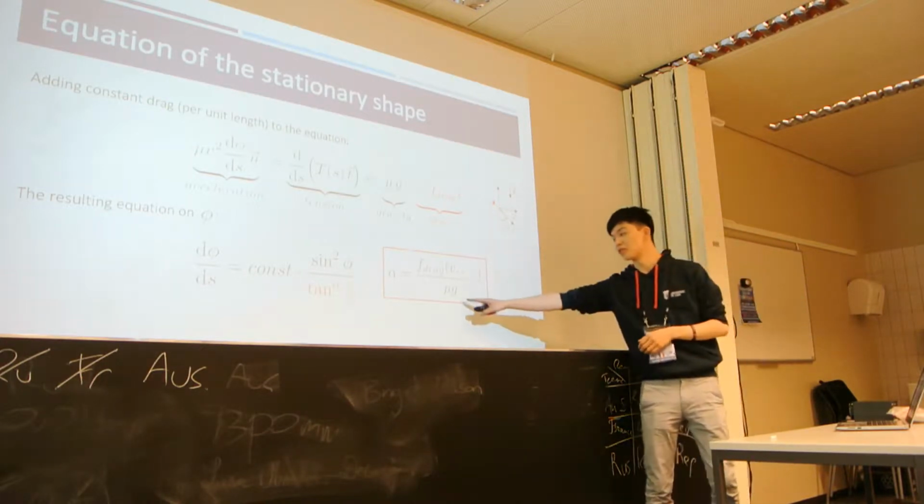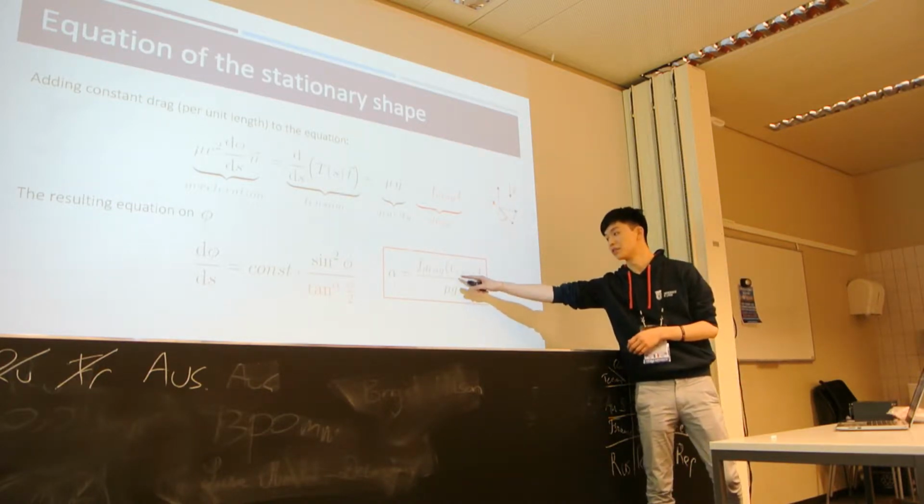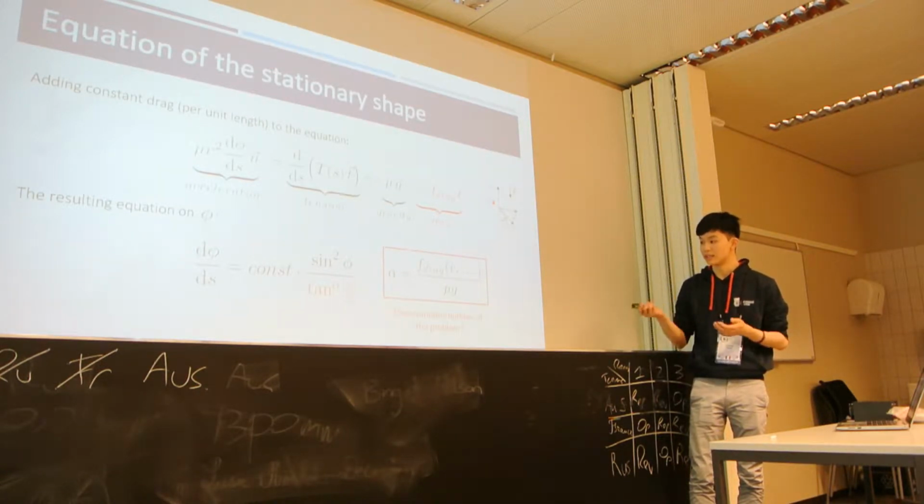So here we retrieve the dependency on the linear mass mu that we saw experimentally, and the dependency on the velocity through the drag term per unit length. So this, in fact, is the dimensionless number of the problem.